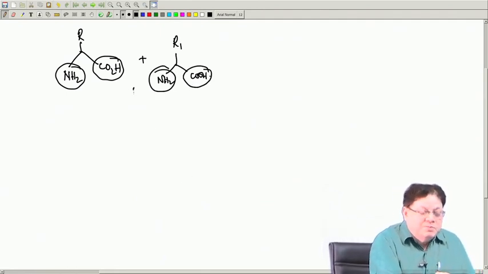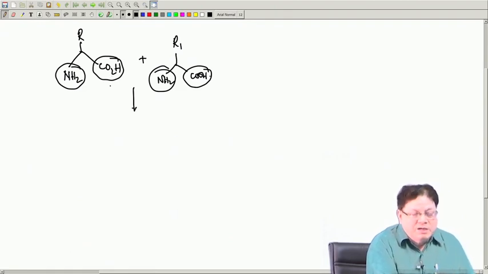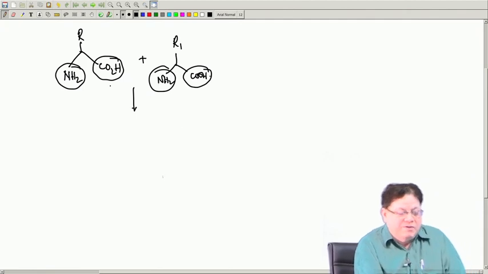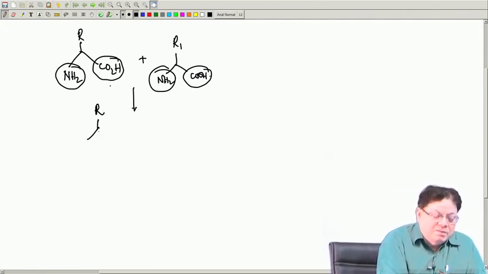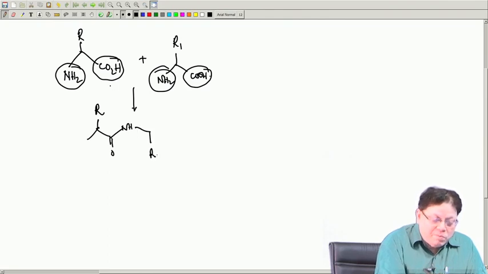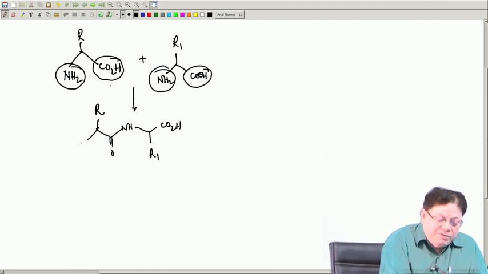What we want is to make a peptide bond between this carboxy and this alpha amine. So, our target is R CO NH R1 CO2H. This is the final target.